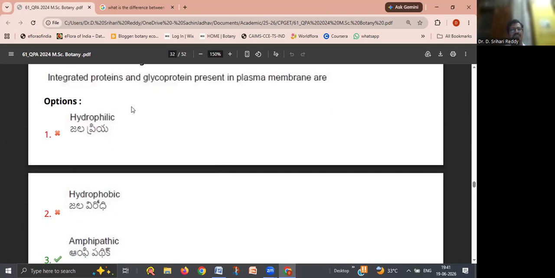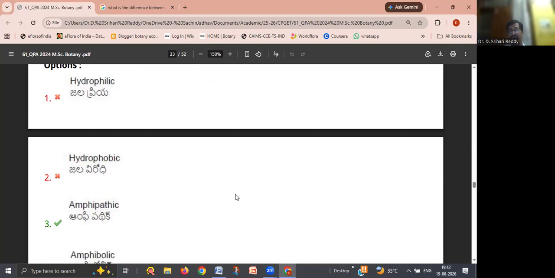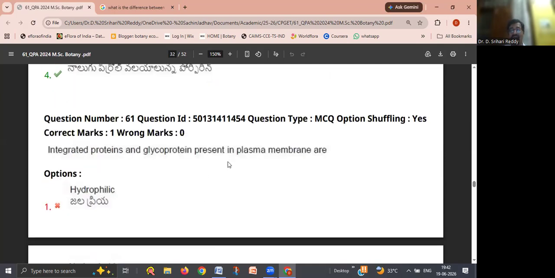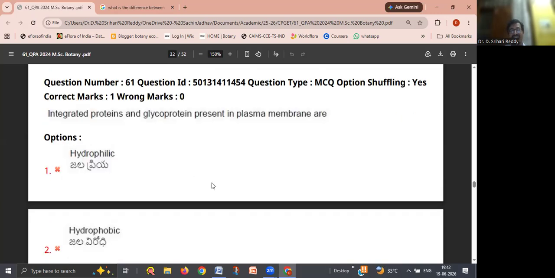And hydrophilic, hydrophobic. Usually lipids are hydrophobic. Usually they have a hydrophilic head and a hydrophobic tail. Lipids are also called amphipathic, and glycoproteins are also called amphipathic, because these proteins contain both hydrophobic amino acids and hydrophilic amino acids.